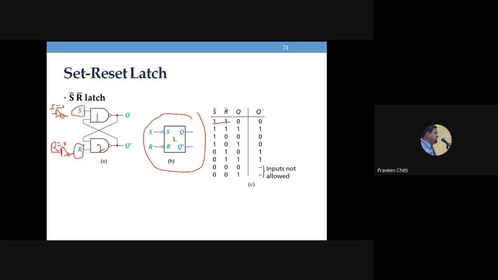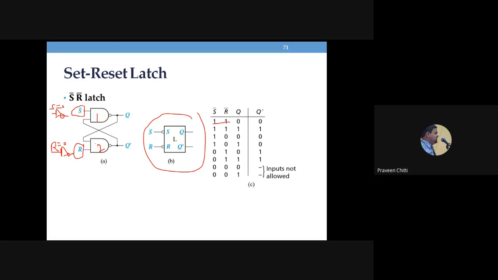Even if one of the inputs is 0, the output of the NAND gate is 1. But when both the inputs are 1, 1, in that case the output will be 0.